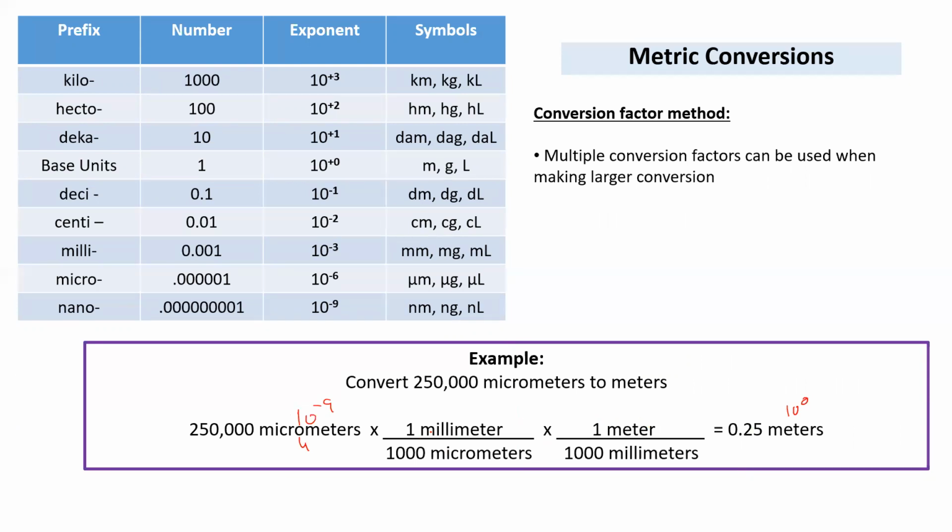So we have to get 1 millimeter equals 10 to the minus 3 meters. Right, so you have to get rid of these two. And then you'll get your answer in meters, 0.25. But I'm going to show you an easier way, and I think it's an easier way anyway. So this is what I do.